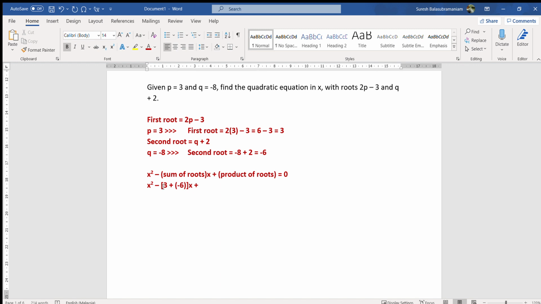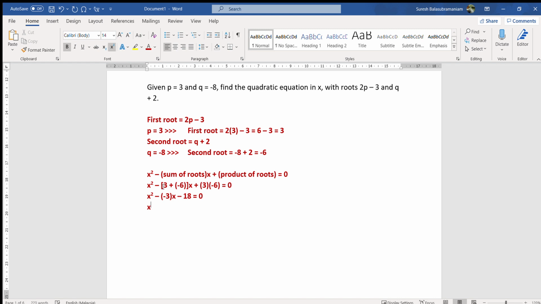Product of roots is, our roots are 3 multiply -6 equals to 0. So x square minus 3 plus -6, you get 3 minus 6. 3 minus 6 is -3. x, 3 multiply -6, you get -18, equals 0.